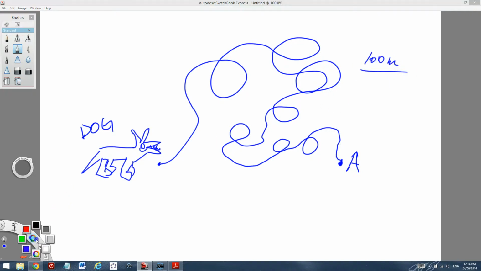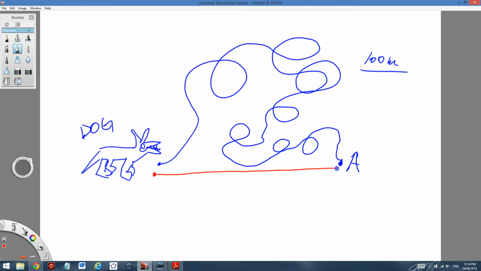However, the direct distance between his starting point and point A would be just 10 meters. So what we can say is the dog traveled a distance of 100 meters, because that's how much it traveled, and covers a displacement of 10 meters east.